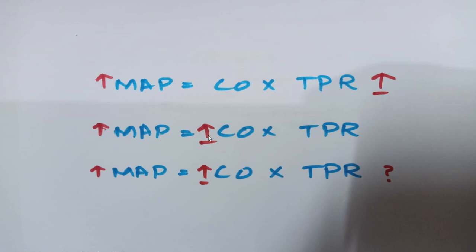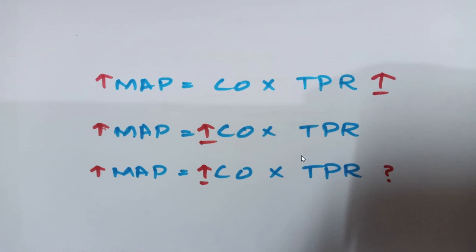What will be another scenario? If the cardiac output is increased, the mean arterial pressure is also increased. What will happen to the total peripheral resistance? Cardiac output is increased and mean arterial pressure is increased.